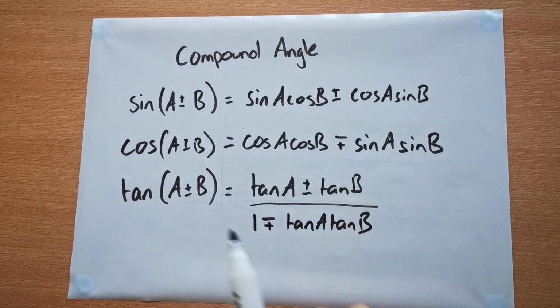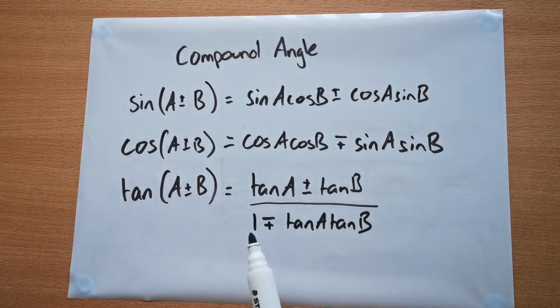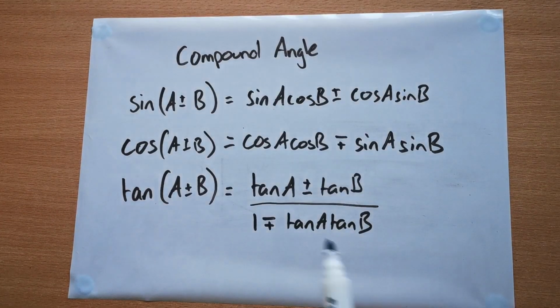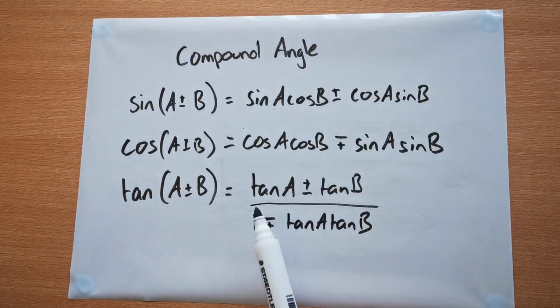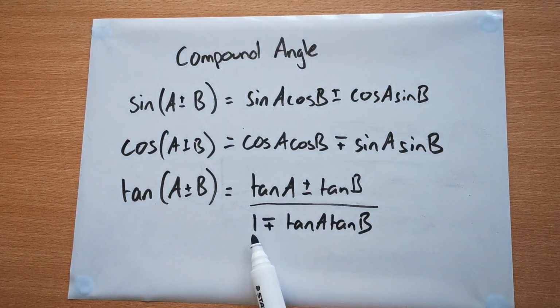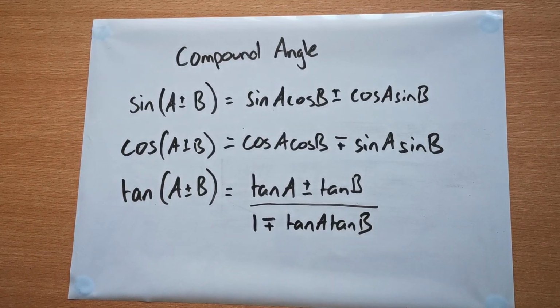So if it was A plus B, it would be tan A plus tan B over 1 minus tan A tan B. If it was A minus B, it would be tan A minus tan B over 1 plus tan A tan B. And that is literally just because tan is the awkward child.